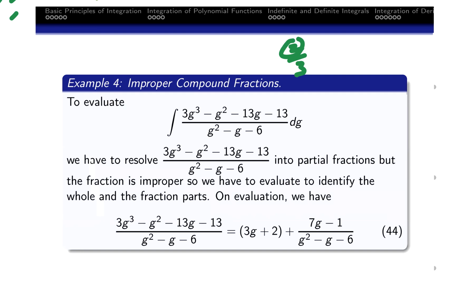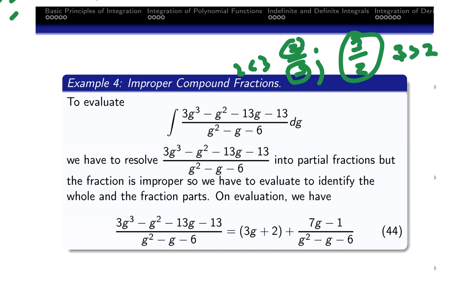This is an improper fraction because here the numerator is greater than the denominator, whereas this one is proper. The same kind of thing applies to compound fractions. How do you know that a compound fraction is proper?